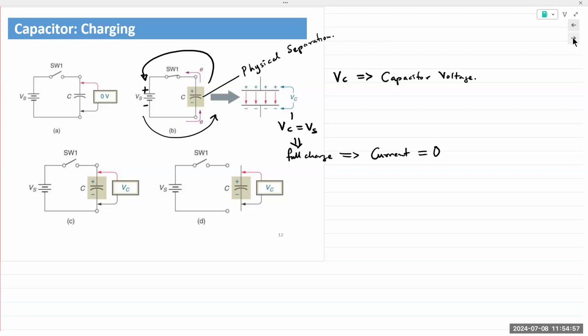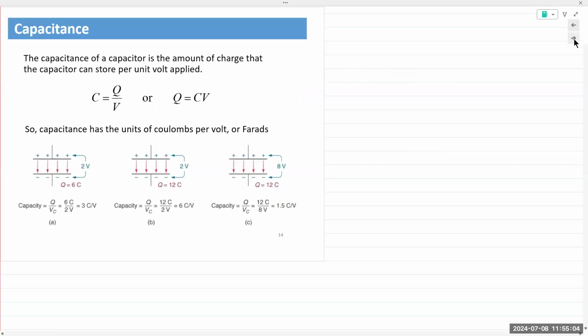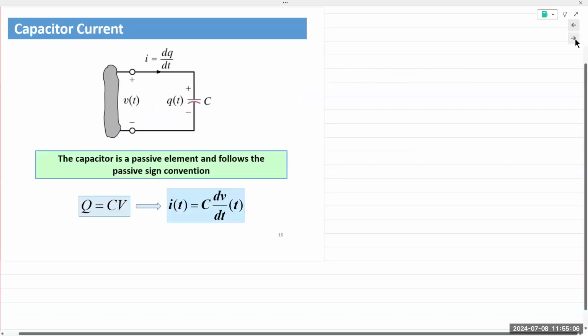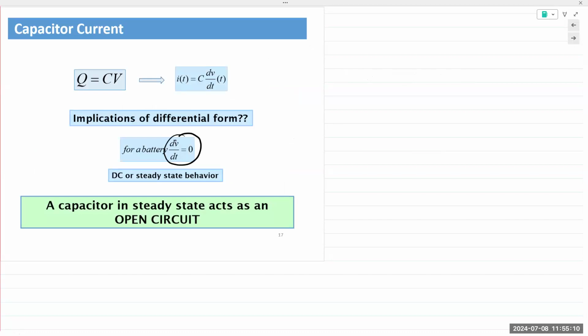And a fully charged capacitor acts like an open circuit. So inductor behaves like a short circuit, capacitor behaves like an open circuit.